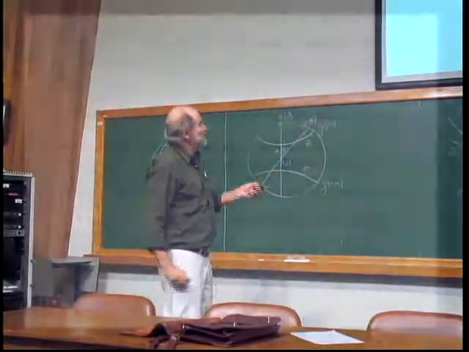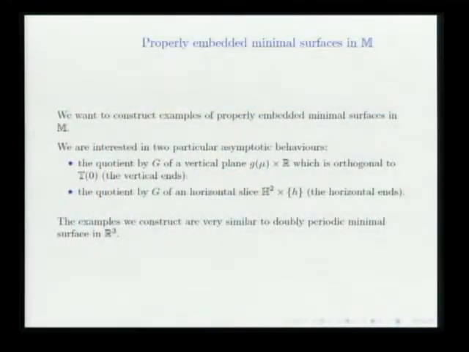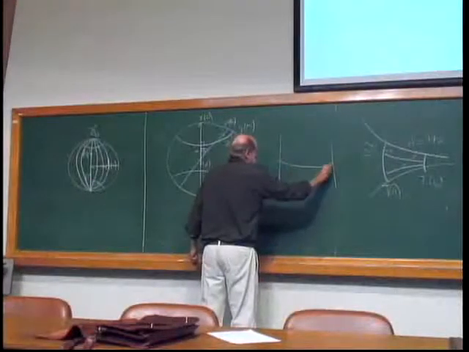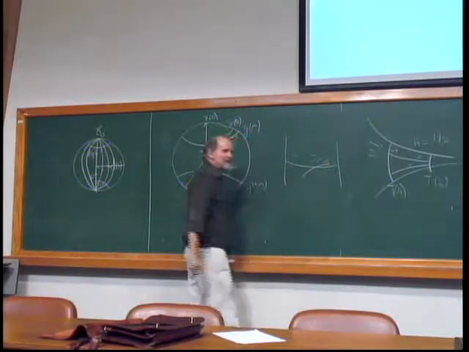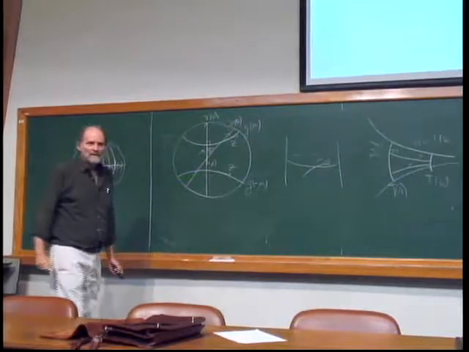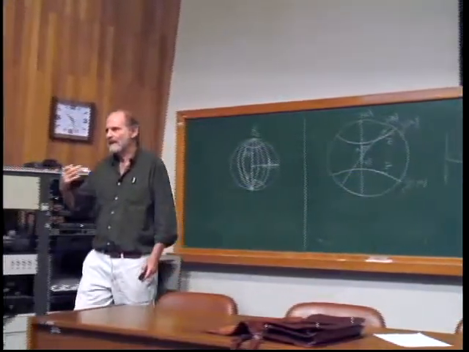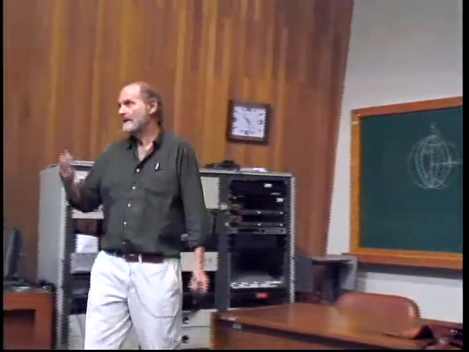The other interesting asymptotic behavior is asymptotic to a horizontal slice. So I have H2 cross R here, and I can imagine the quotient being asymptotic to a part of a horizontal H2. So that's like in R3, you're asymptotic to a plane or to a helicoid. But here I'm interested in surfaces with that asymptotic behavior.